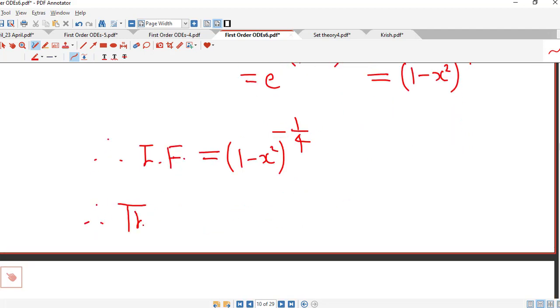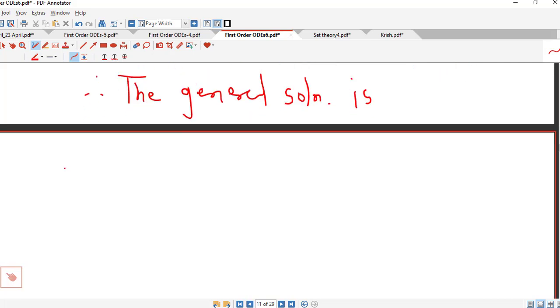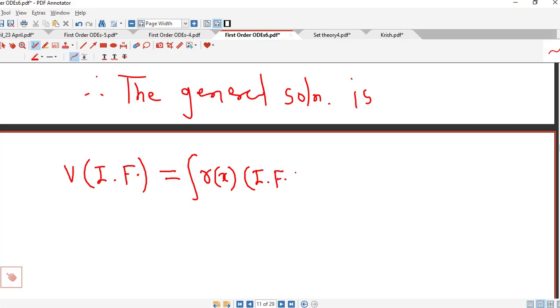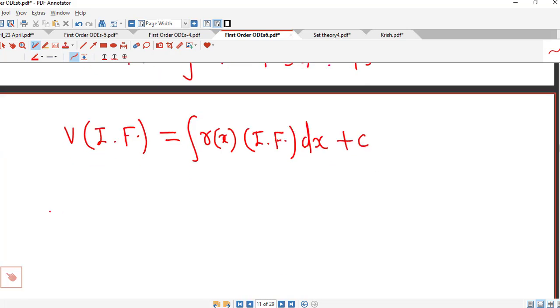And we have ready-made formula for the general solution of linear differential equation. So therefore the general solution is v times integrating factor equal to integral of right hand side, which we have denoted by rx, times integrating factor, with respect to x, plus c.